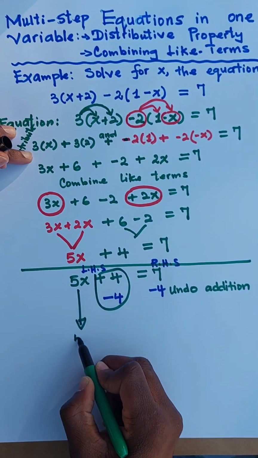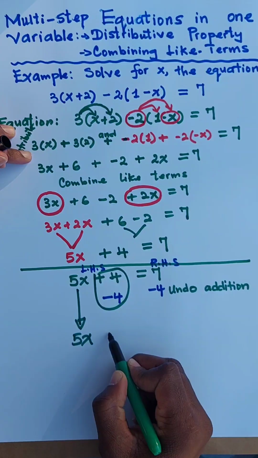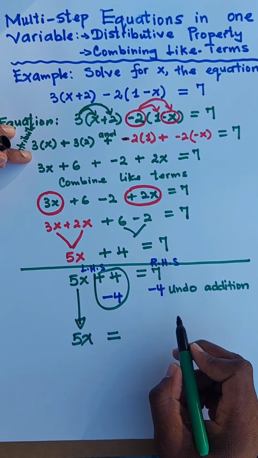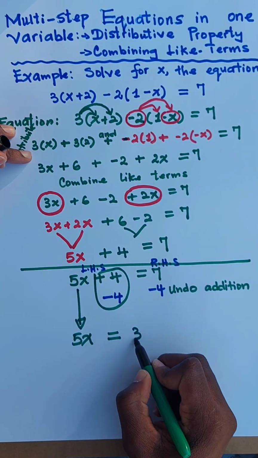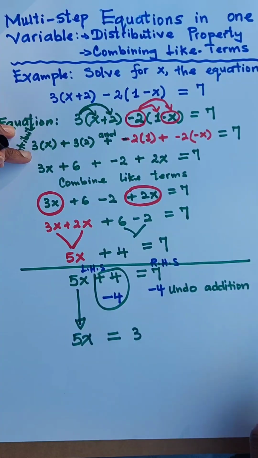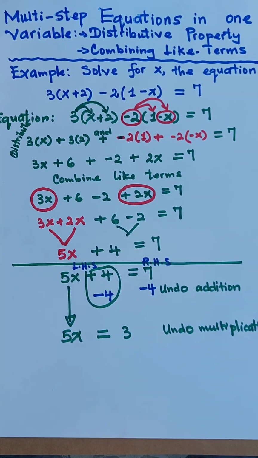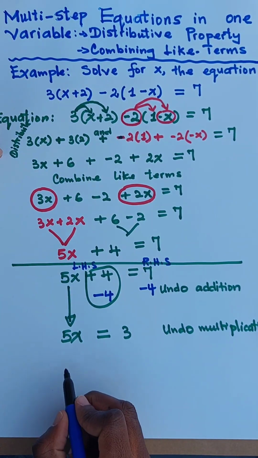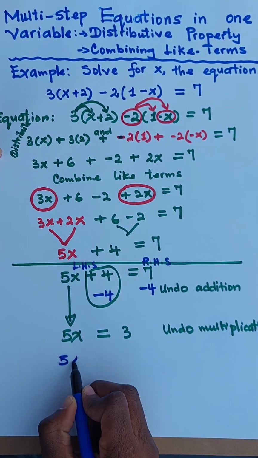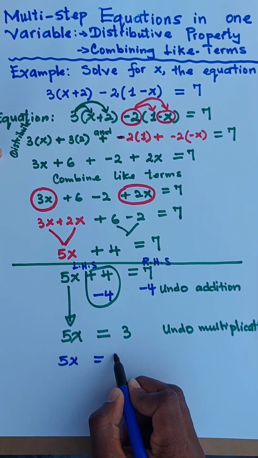Our 5x comes down here, and then that equals 7 minus 4 is 3. Okay, the last step is to undo multiplication. We undo multiplication with division, and our equation now says 5x is equal to 3.